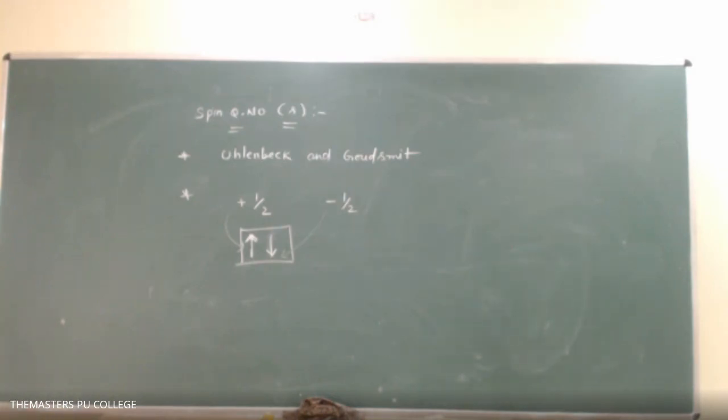Proposed by Uhlenbeck and Goudsmit. Spin quantum number indicates the direction of the spin of the electron.